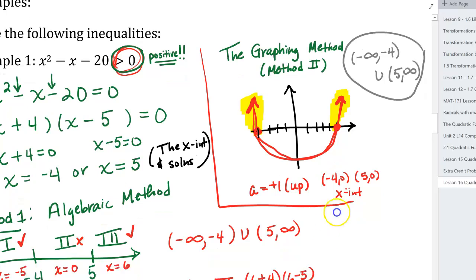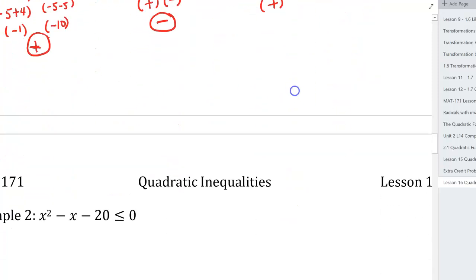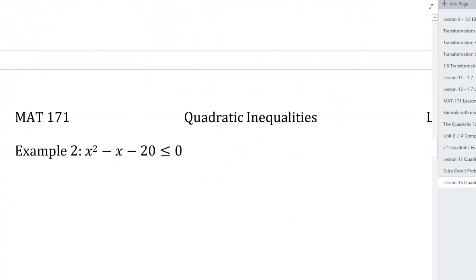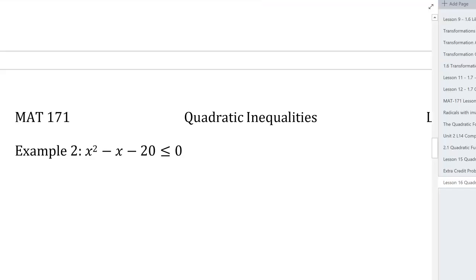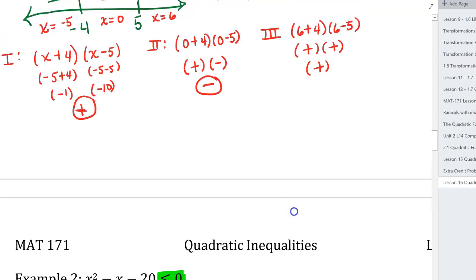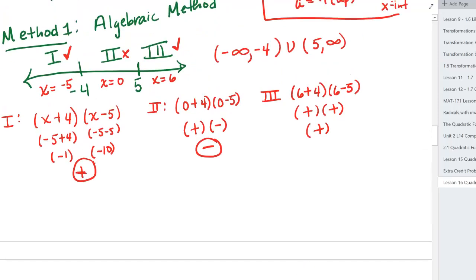Now I'm going to go ahead and look at example 2, because if you notice, it's the same inequality. The only difference is that in this case, it's less than or equal to 0. So if I look back up here, these values in the middle gave me the negative values.